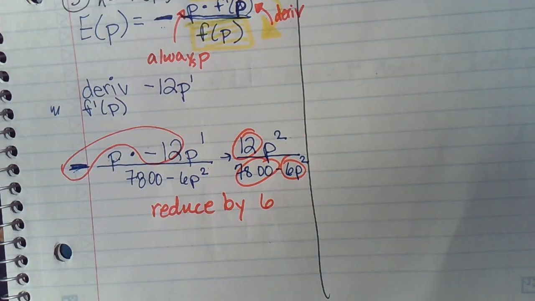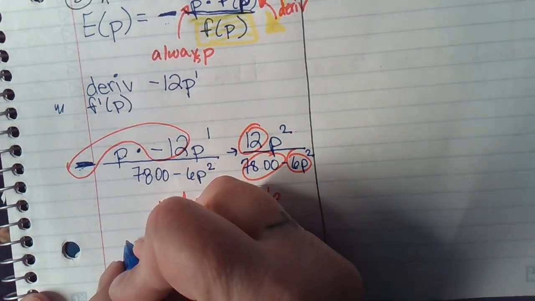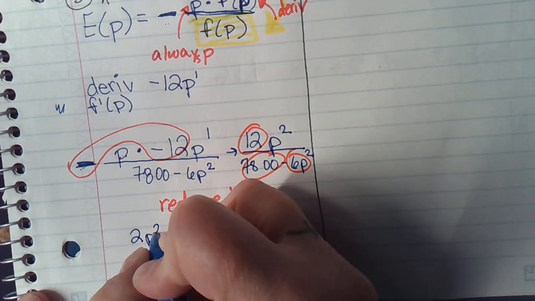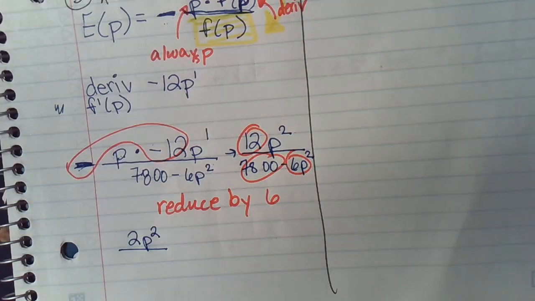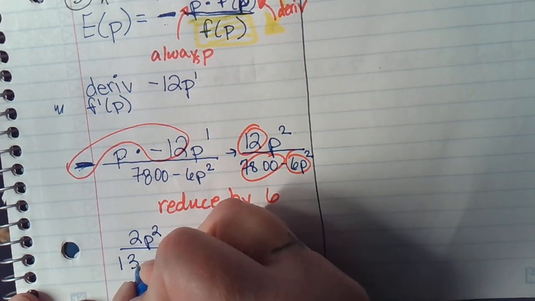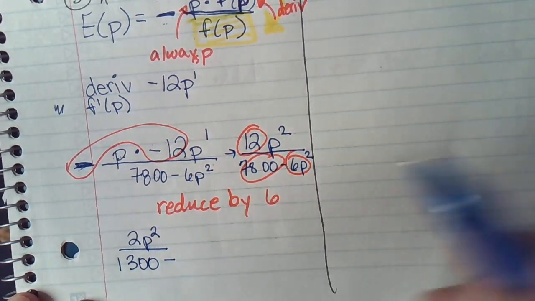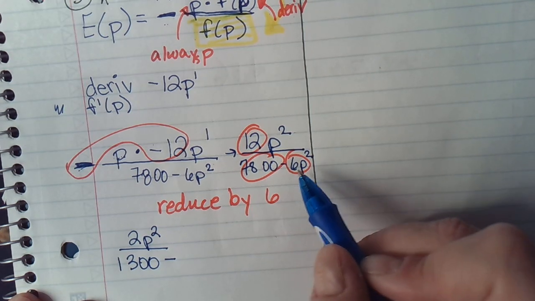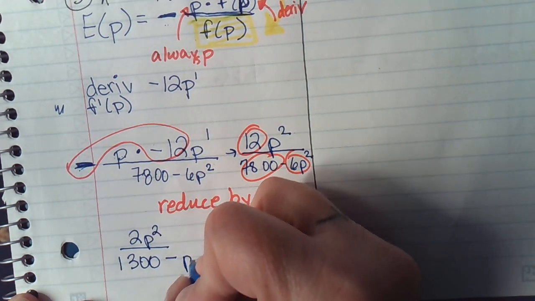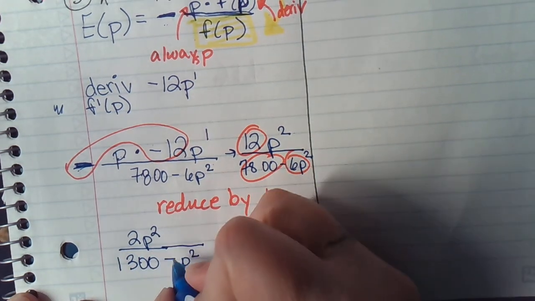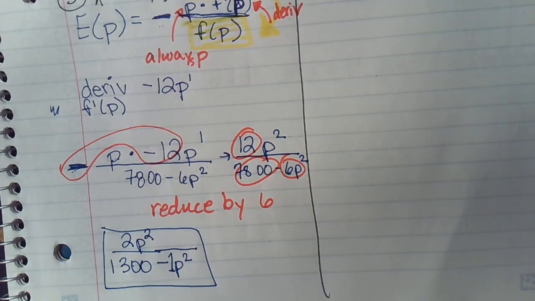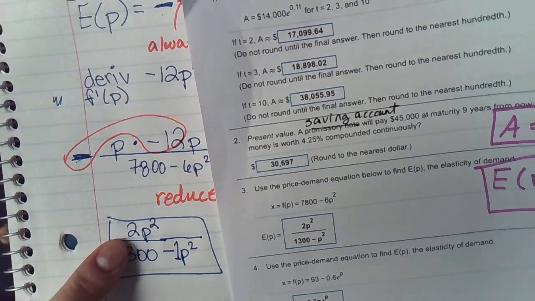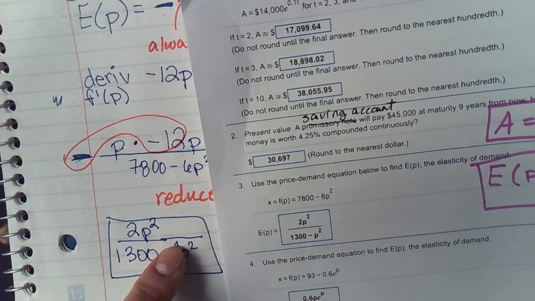So we divide by 6 and we get 2P squared over 7,800 divided by 6, which was 1,300, minus 6 divided by 6 is 1, or you don't even have to put the 1. It doesn't really matter. So you can either keep this as your answer, or you don't have to write the 1 if you don't want to.